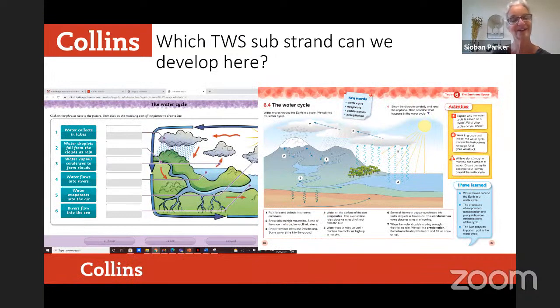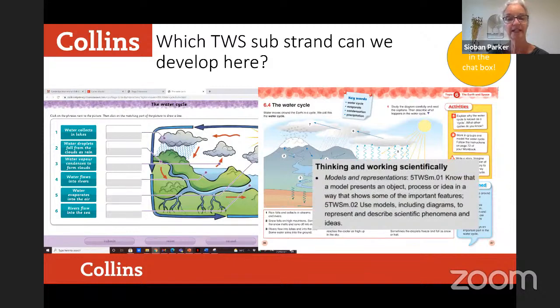Now, these are two great visuals. The one on the left is an interactive visual from the extended teacher guide, and it's actually drag and drop. They are looking at models and representations of the water cycle. By using the interactive, it really does engage them to think about the model of the water cycle.